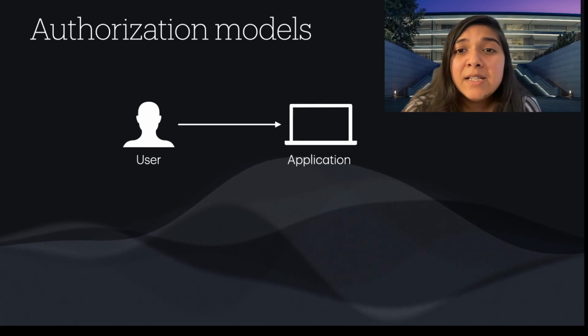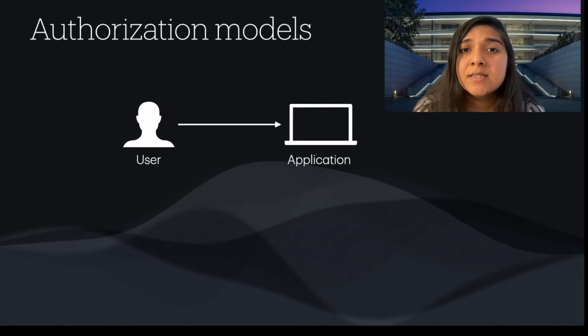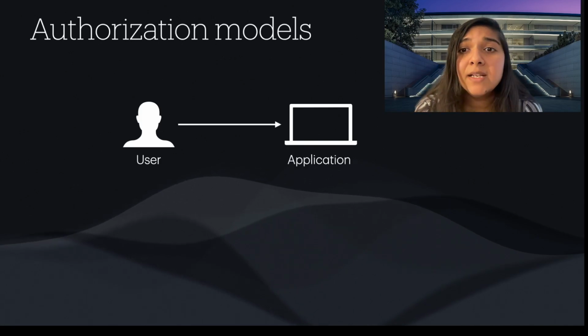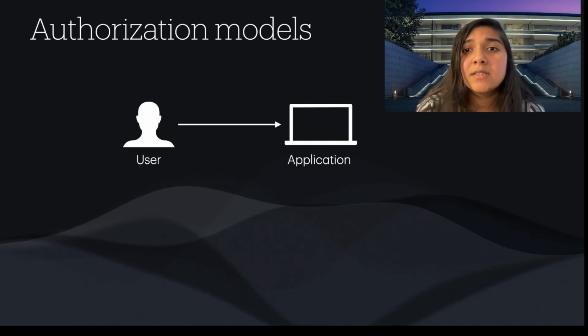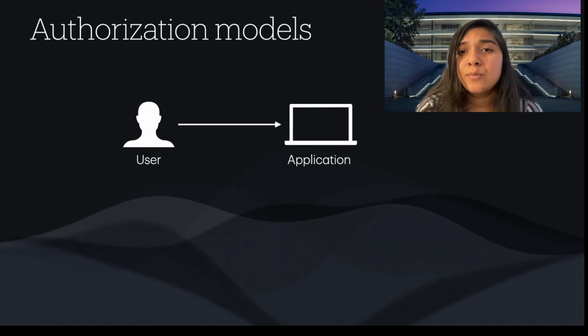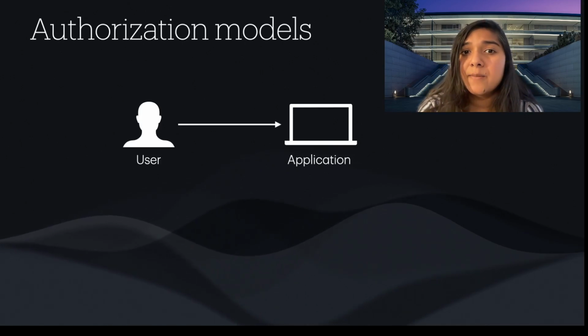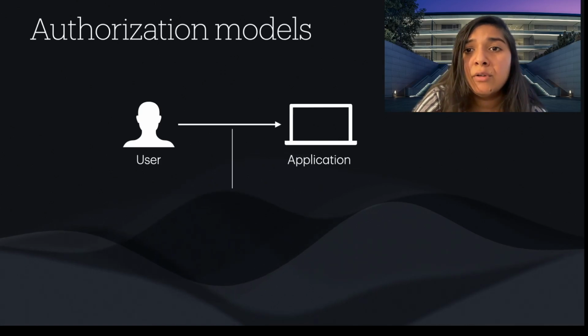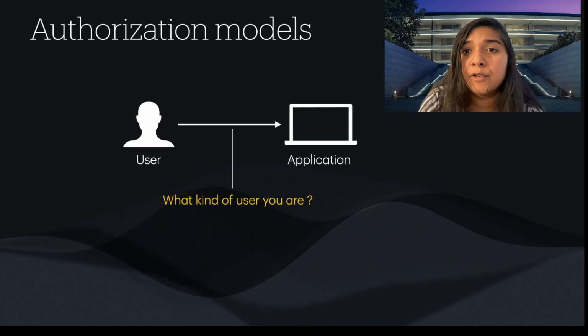So finally, we have authorization models. By now we know what authorization is and how it takes place. Similarly, we have authorization models. So for example, you are a user and you want to access an application. Your authorization model is only going to depend on one thing, which is what kind of a user you are.